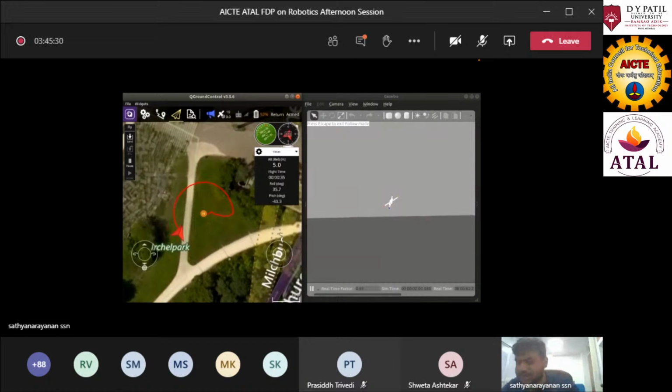Once it goes up to that 2-meter height, it starts to roll and pitch sinusoidally and is still trying to track the circle. You can see the roll angle and the pitch angle varying sinusoidally. One is sine and the other cosine, so there will be a phase difference of 90 degrees. So when one is at 0, the other will be at its peak.